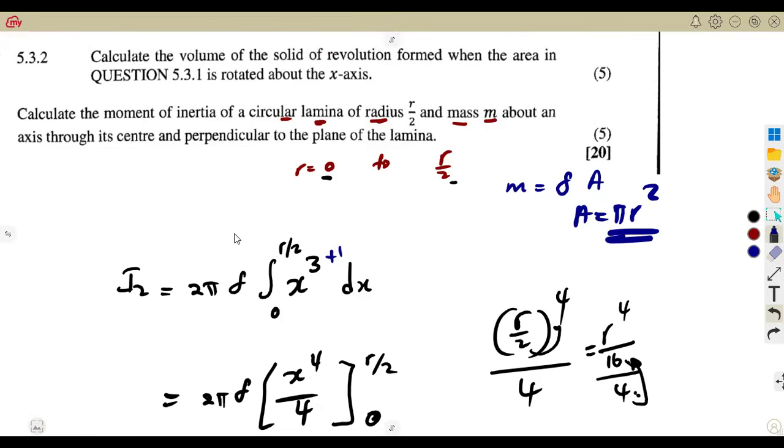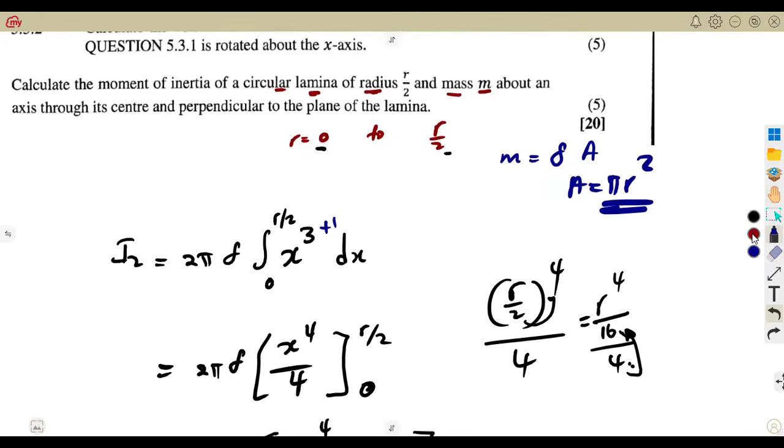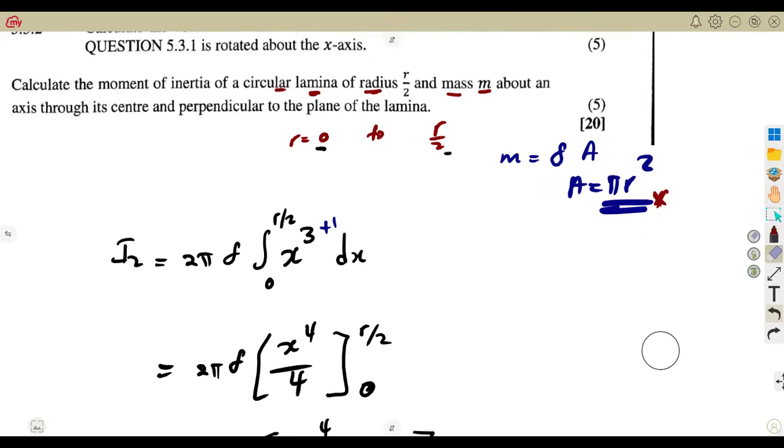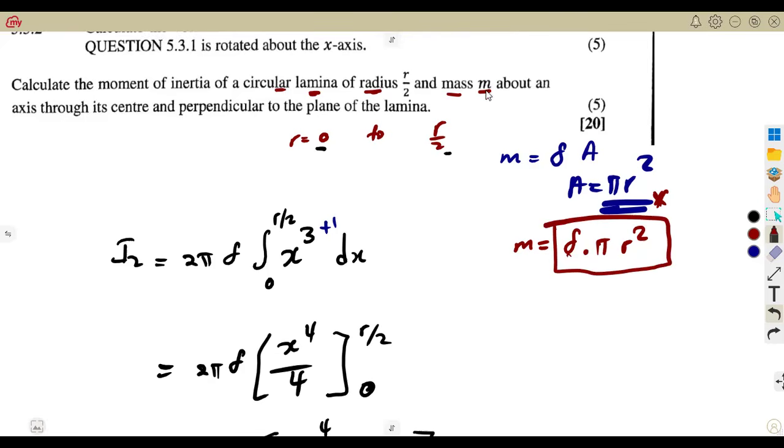The 2 pi r h is the derivative, which we're going to convert, but we need the area. So you can remove that and put in the mass: mass is equal to area density times area, and area is pi r squared. So you can remove this and put back the mass that we had.